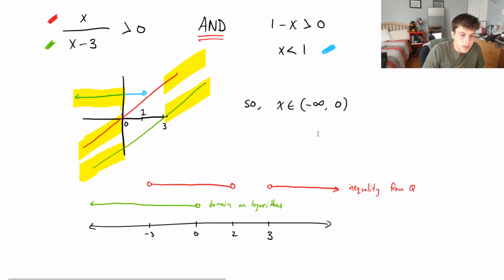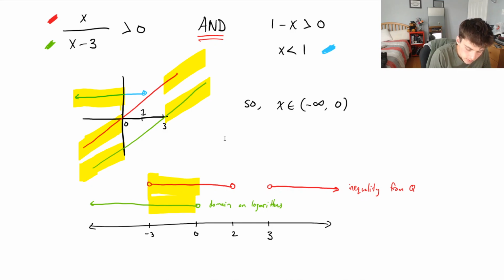So now we can take the strictest domain, and I'm going to highlight that, and you can see that the overlap is just between these points here. So finally, we can conclude that x has to be between -3 and 0.